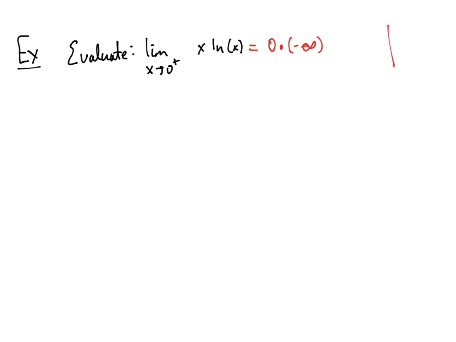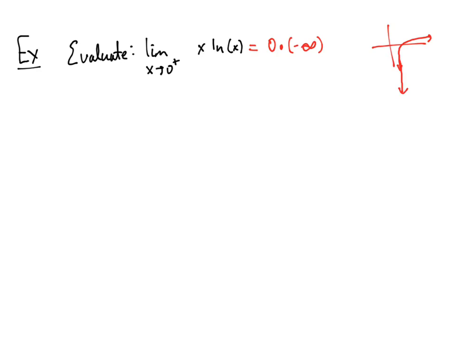Remember, the graph of ln of x looks like this. So as x gets close to 0, ln of x is going to negative infinity. So this is an indeterminate form, right? In one sense, 0 times anything we want to say it's 0, but infinity times anything we would want to say that's infinity, or negative infinity in this case. So we have these two competing interests.